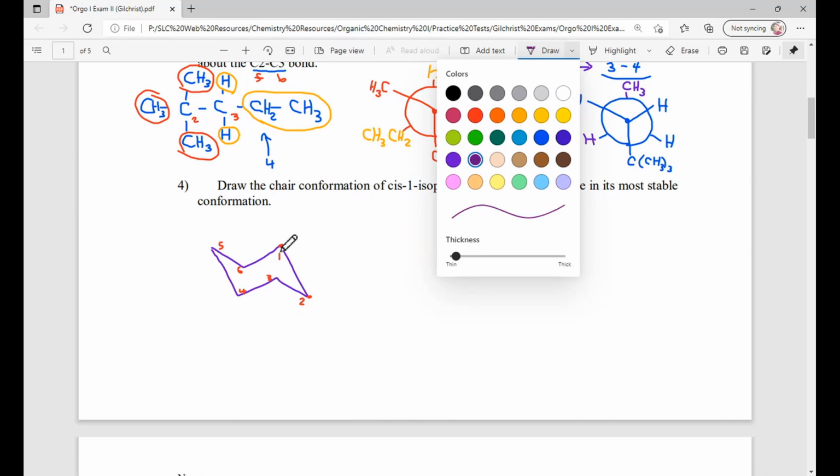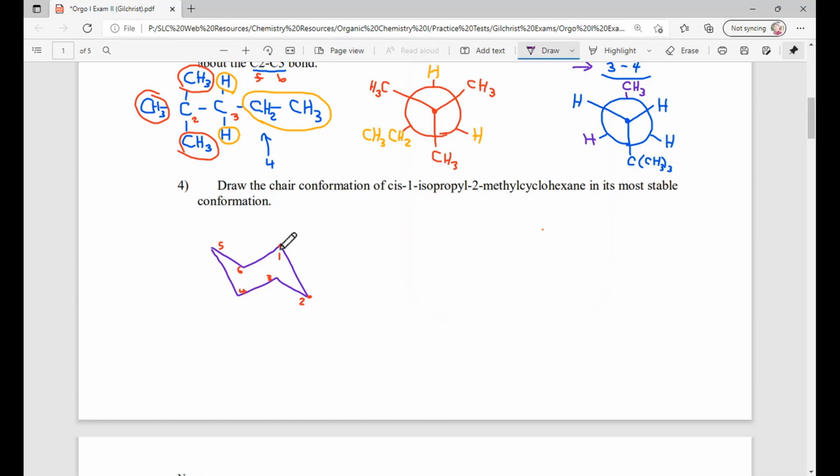Axial always goes in the direction that it's pointing with this type of chair. So axial up, because this is pointing up, and then this is pointing down, so axial down. And here's your axial up, axial down, axial up, axial down.